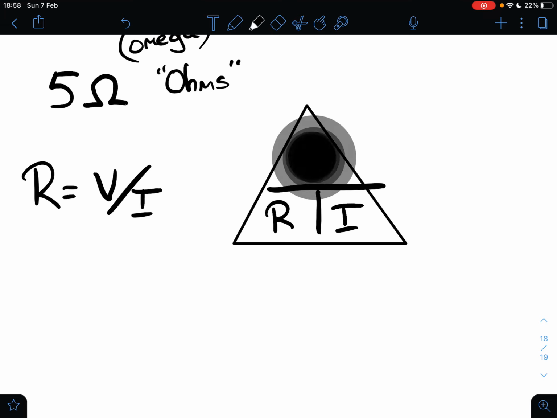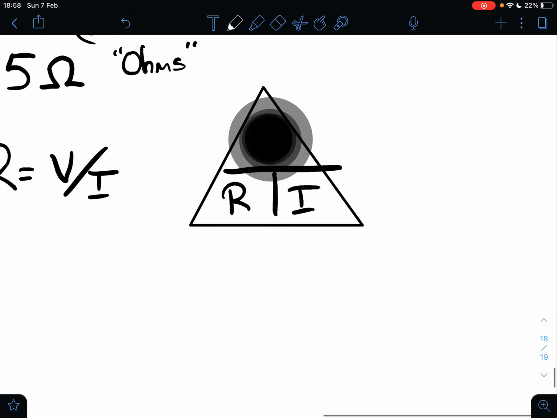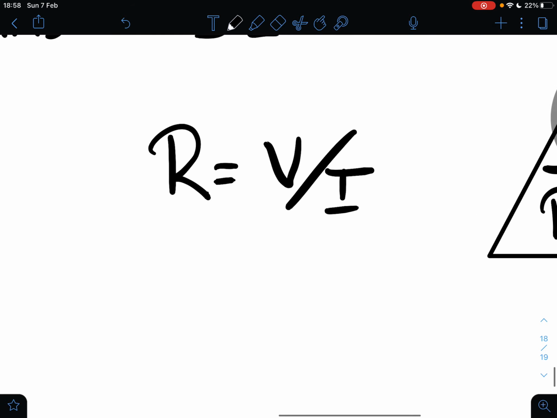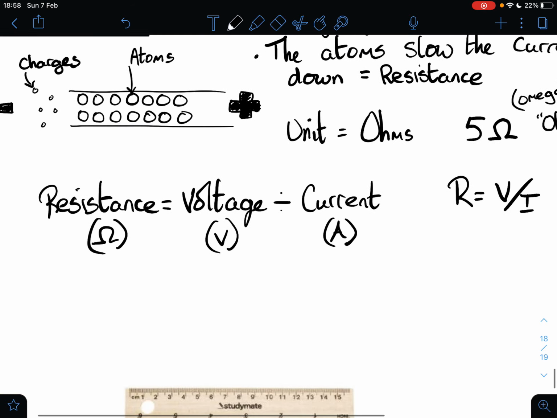If I cover up the V, I get V is equal to I times R. And I'm saying it that way because I have a vowel in the middle. So I have V, I, R. Vir. That's how to remember it. V-I-R. Then you can put it in the triangle, rearrange it to make R the subject if you wish. And that's the equation.